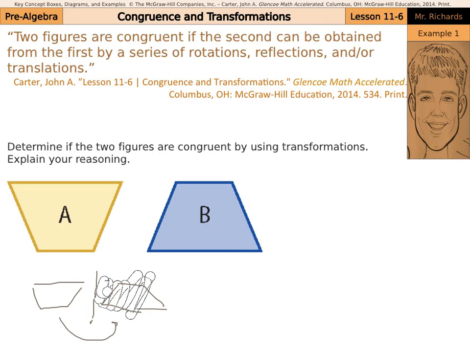And so if I were to have a rotation, I would have it lined up.